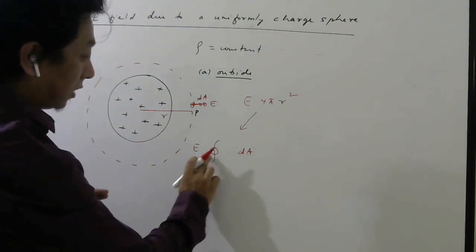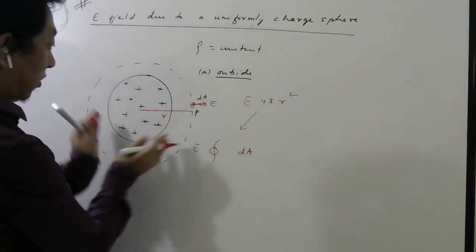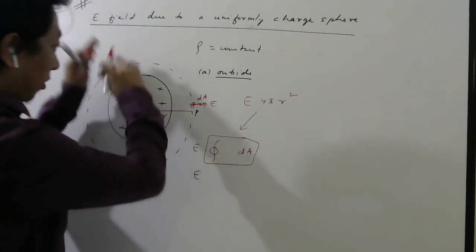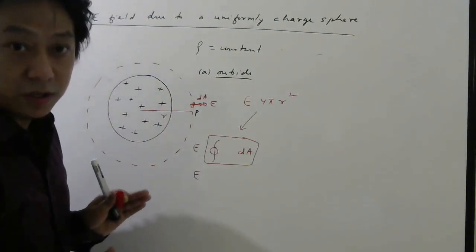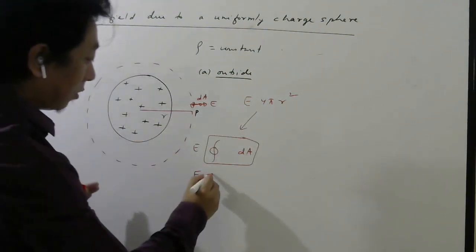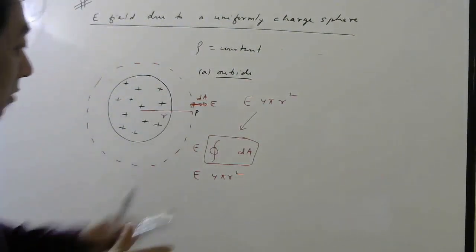What is left? Integral of dA. So if you keep adding dA for this sphere, you will get area of the sphere, the Gaussian sphere which we have taken here. So this surface will be 4 pi r square. So you should be able to write this immediately, okay?